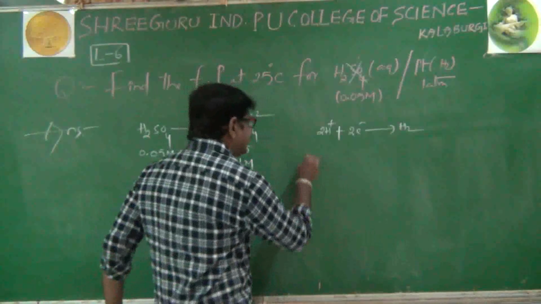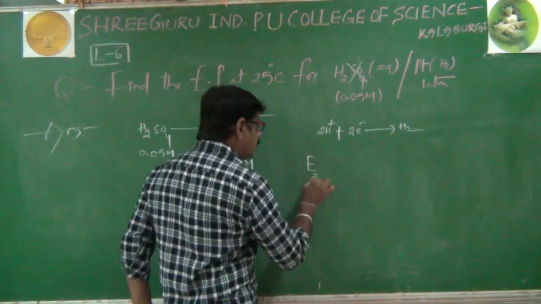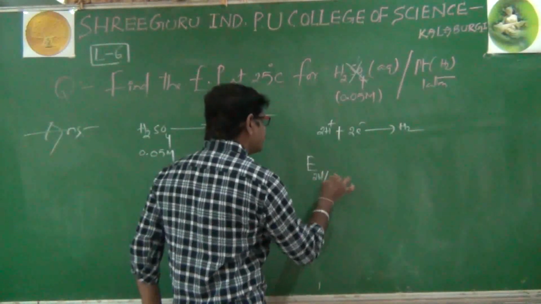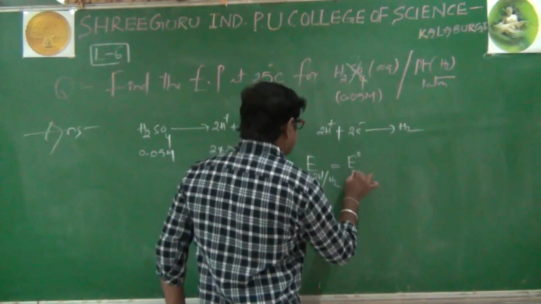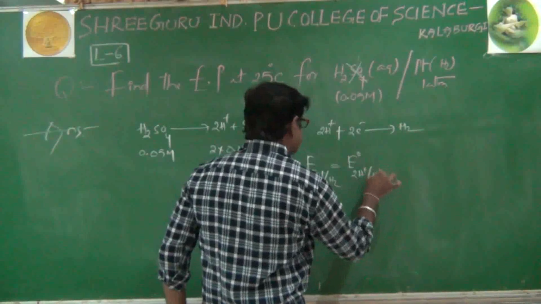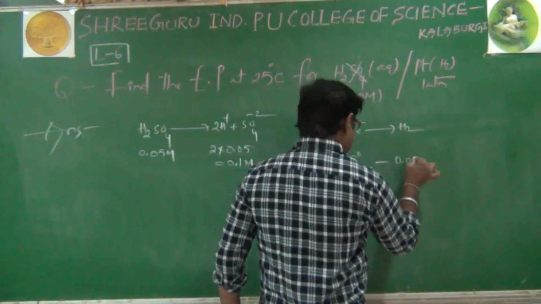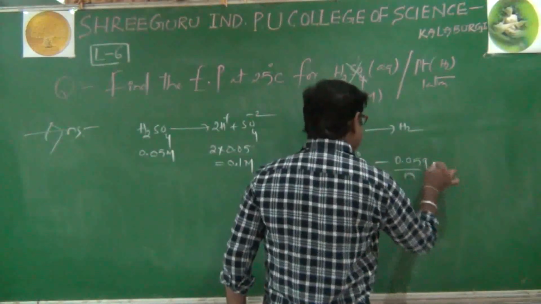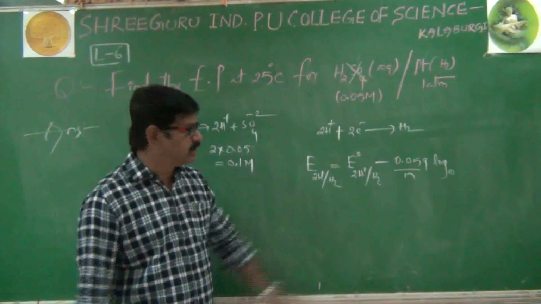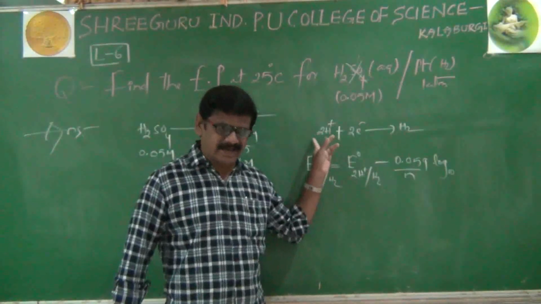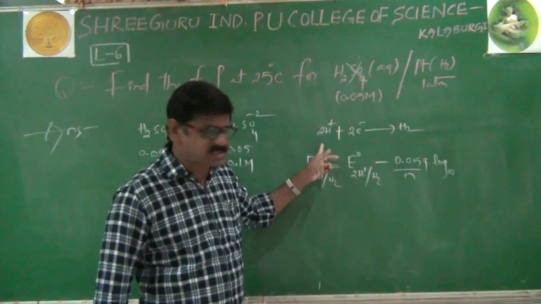See here, 2H plus oblique H2 is equal to E naught of 2H plus oblique H2 minus 0.059 by n log base 10. The formula is already known to you, that is product by reactant, or reduced state by oxidized state.